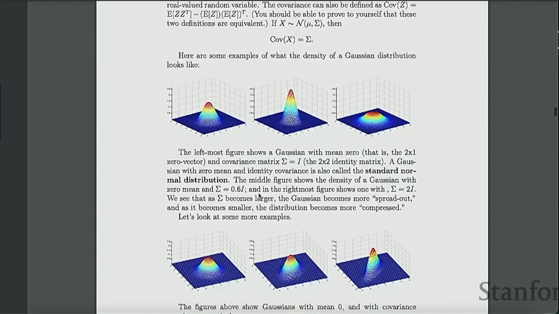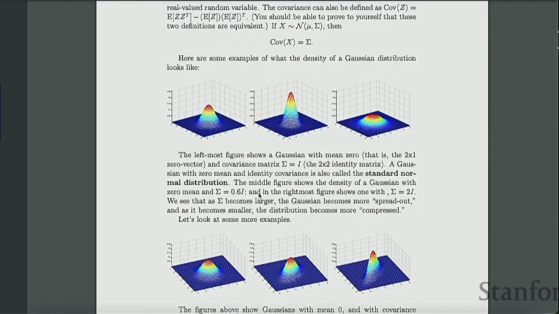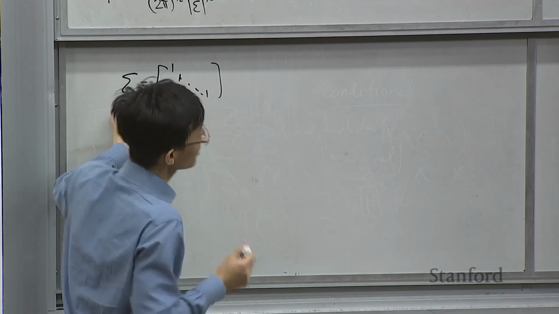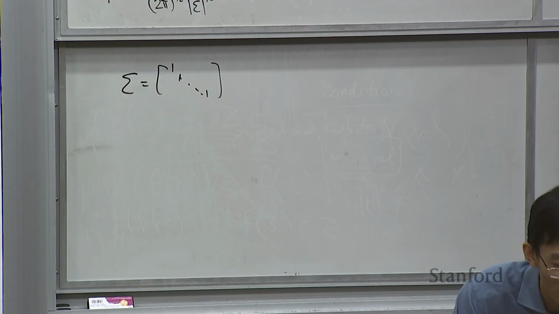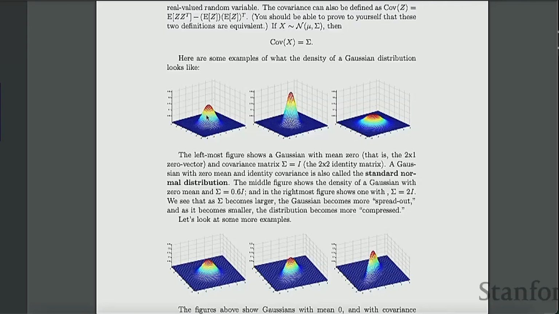One thing is that the size of this density function depends on the scalar in front of the identity. If you have identity, then I think this is the leftmost one. But if you make the covariance 2 times bigger, then your density function will be mostly supported on a larger region. I think that's the last one.